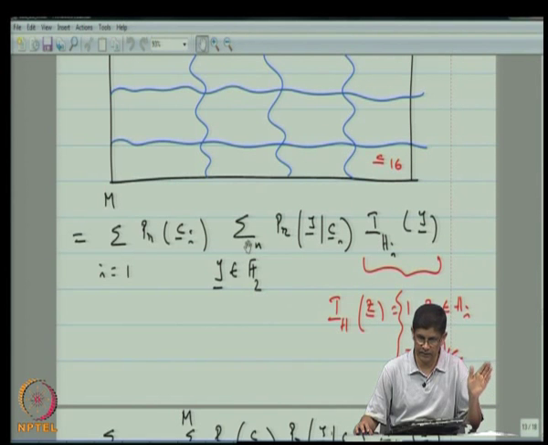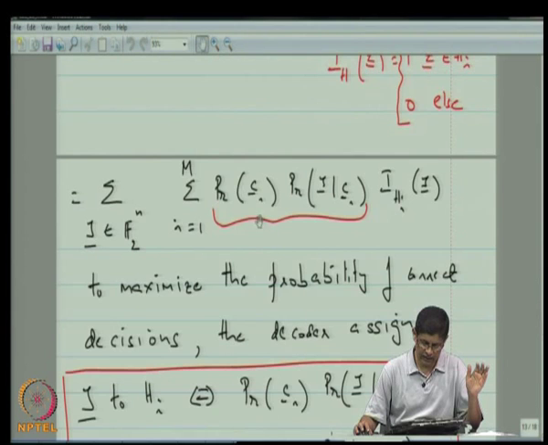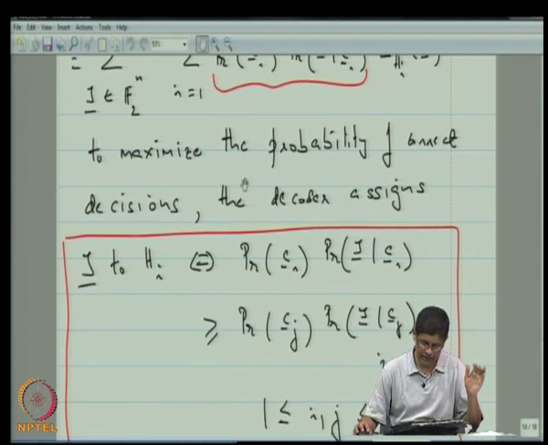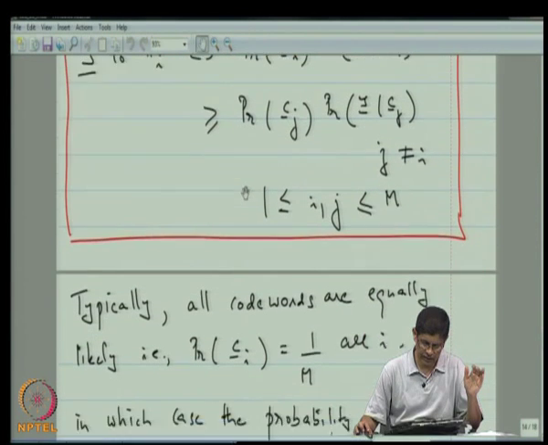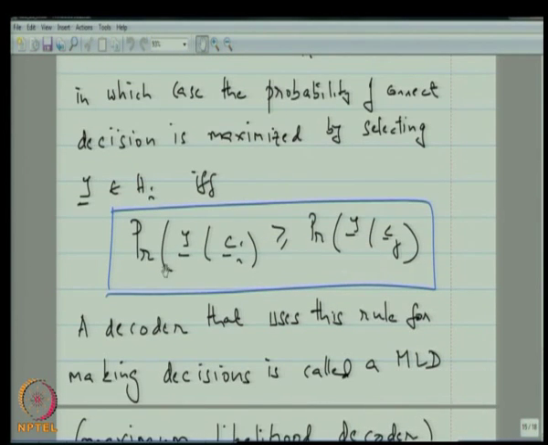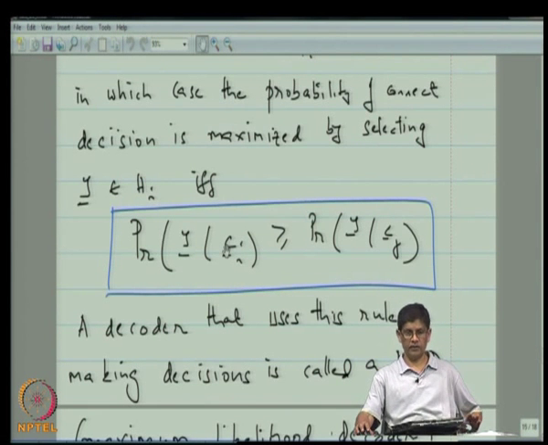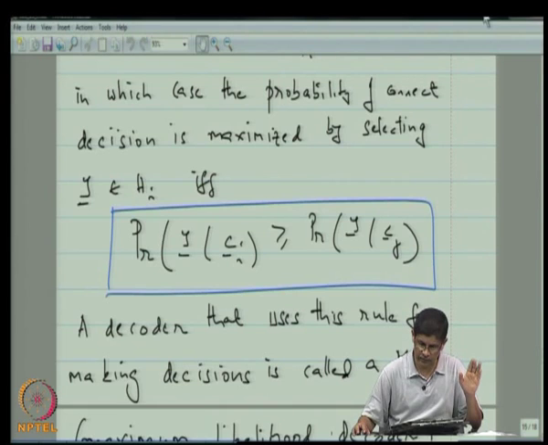Apart from that, the derivation is exactly the same even over the additive white Gaussian noise channel. And again the conclusion is also the same, that if you assume that your code words are equally likely, then the minimum probability of error decoder is just one that actually chooses the code word that maximizes this. Now this was a conditional probability mass function for the binary symmetric channel. For the additive white Gaussian noise channel, this will be a conditional probability density function. Other than that, there is no difference.